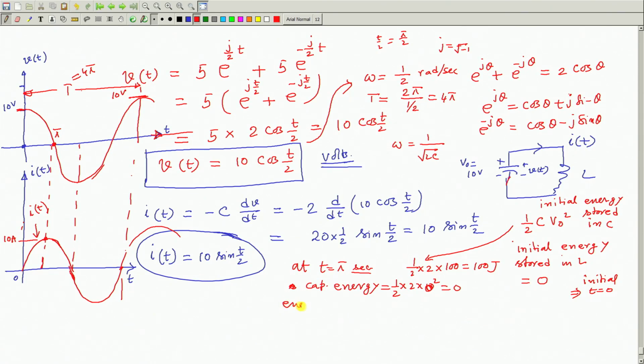Energy stored in the inductor at t equal to pi second will be equal to half L into I square, I is also 10 ampere, into 100, is equal to 100 joule. That means the capacitor started losing energy and the inductor was gaining energy.